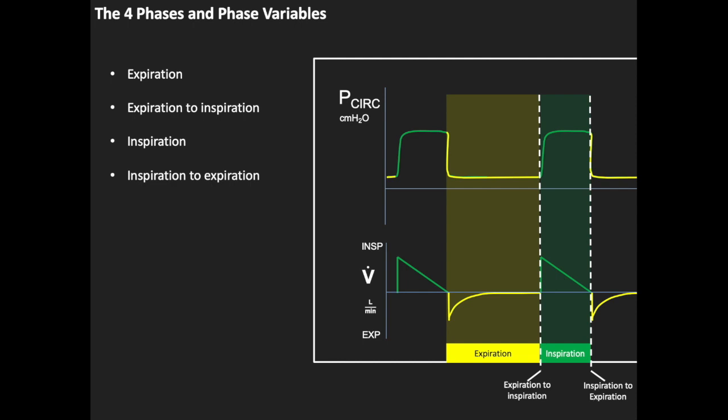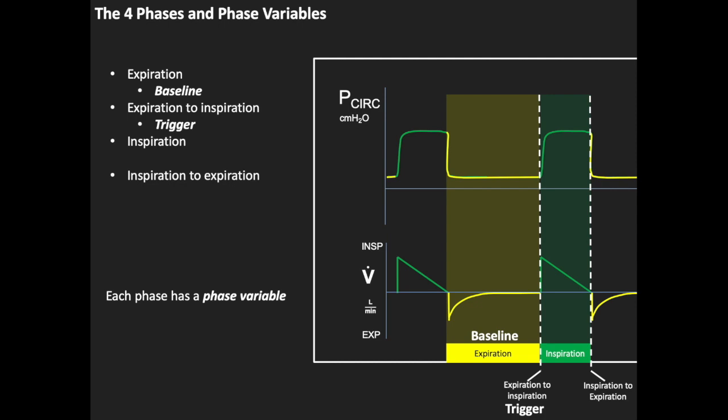Each one of these phases has a phase variable that either says when it happens or what should be happening during that phase. During expiration, the phase variable is the baseline, and that's just the baseline pressure that the ventilator maintains when it's not providing the inspiratory pressure, or another way to put it, PEEP. Expiration to inspiration is called the trigger, and that's the timing of when inspiration should start.